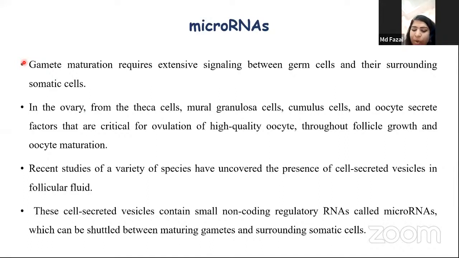Recent studies have shown the presence of cell-secreted vesicles in the follicular fluid, and these vesicles contain small non-coding regulatory RNA. These are called microRNA, and they can be shuttled between maturing gametes and surrounding somatic cells. So they shuttle between the somatic cells as well as the germ cells. Next slide.